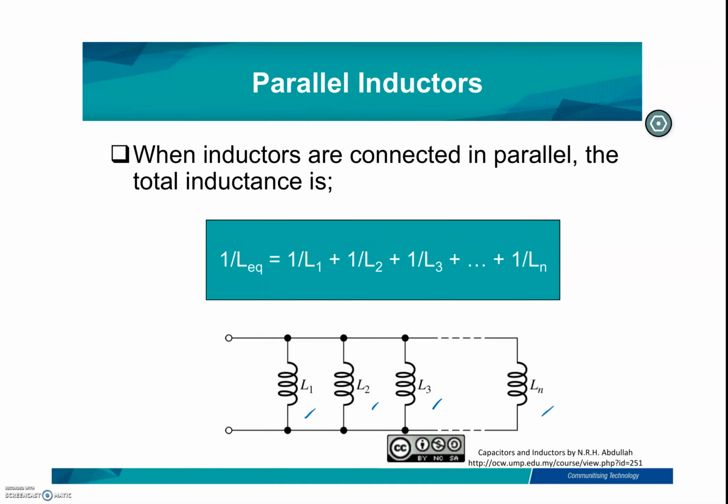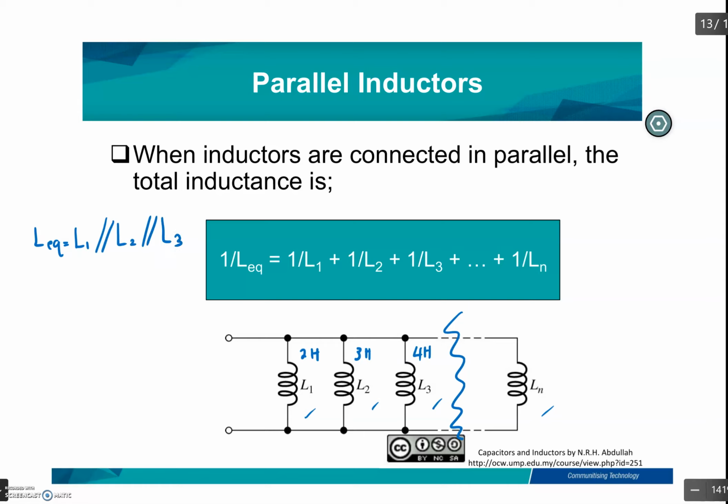For example, if L1 is 2 henry, L2 is 3 henry, L3 is 4 henry, and I exclude the Ln, then L equivalent will be L1 parallel L2 parallel L3.